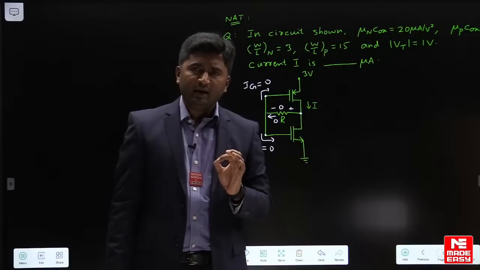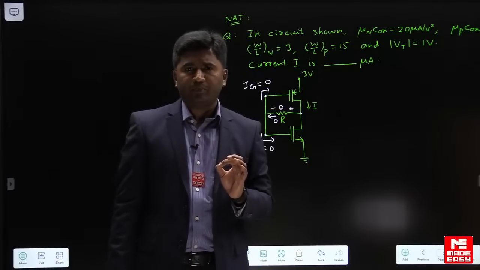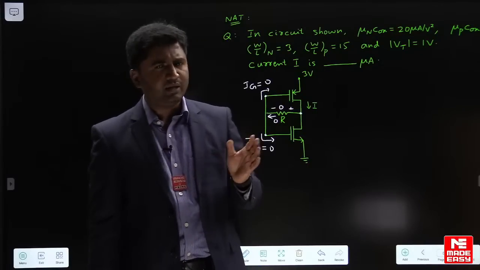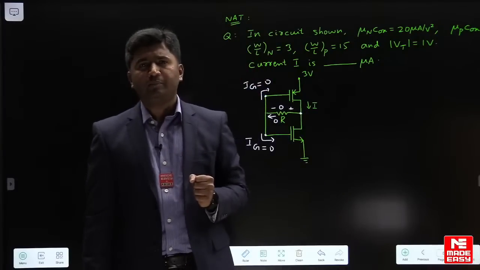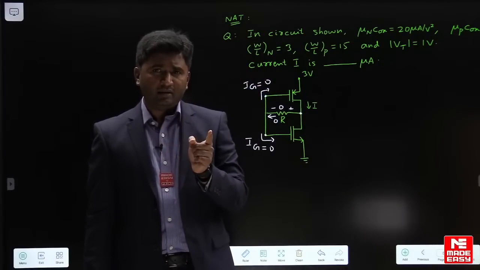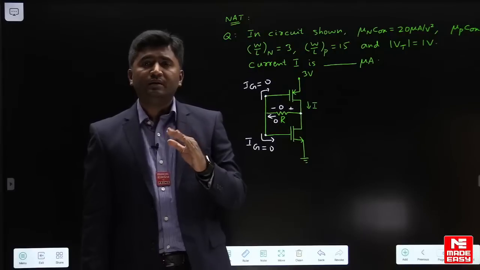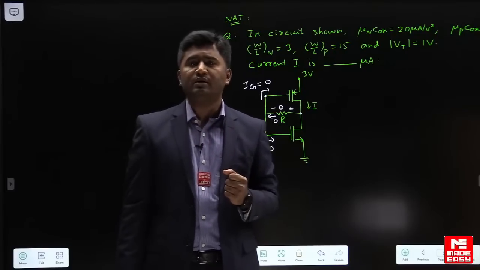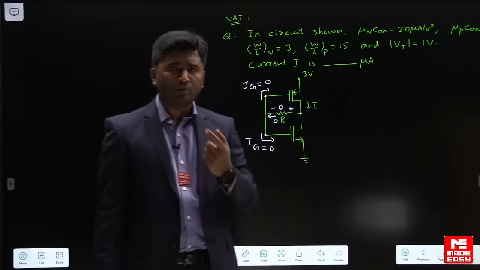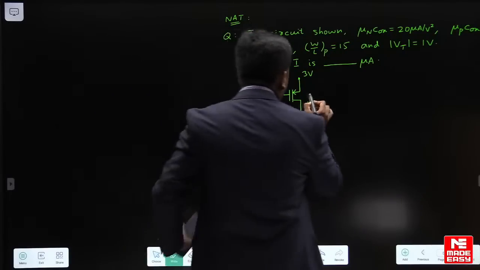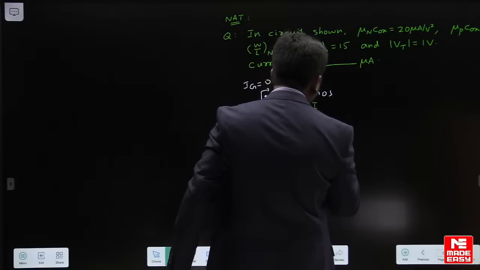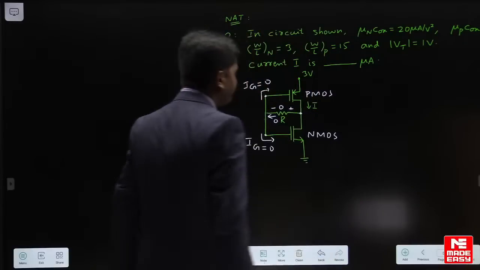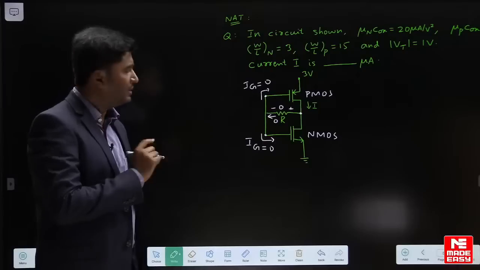Hope everybody is able to recollect this property. Whether it is N channel or P channel enhancement MOSFET, whenever drain and gate are at equal voltage, it can be considered in saturation region. So in this question we can consider both PMOS and NMOS in saturation region.